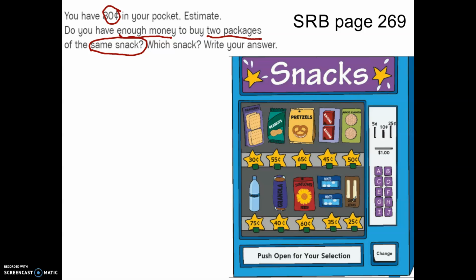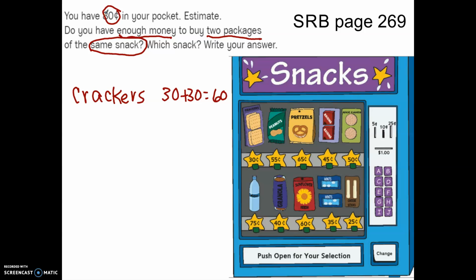Well, when I'm looking here, I could buy crackers because it would be 30 plus 30 and that equals 60, and that's less than 80, so that would work.